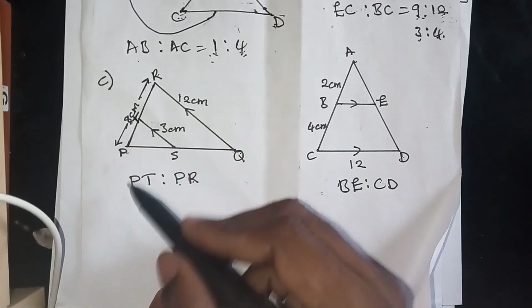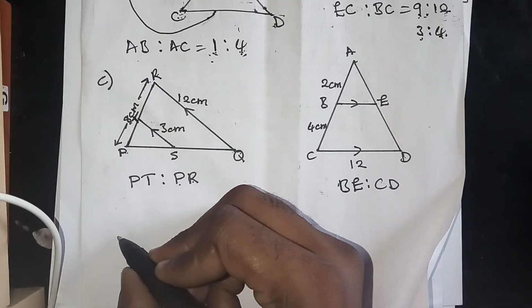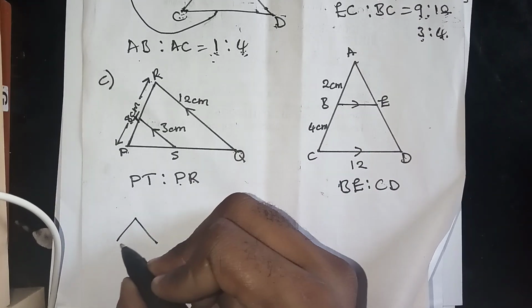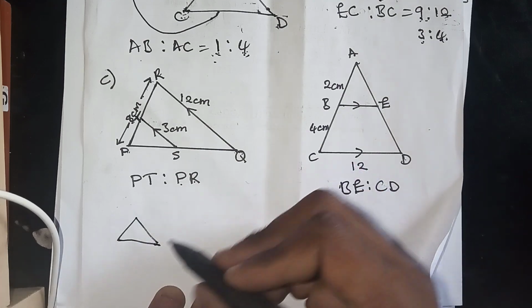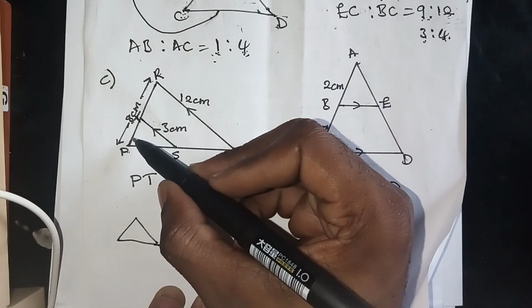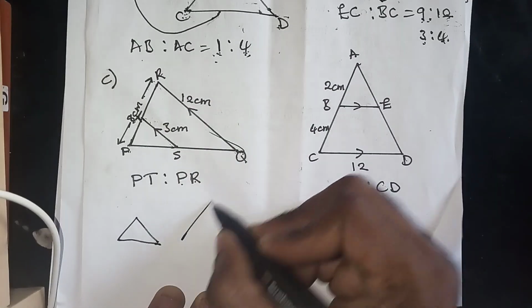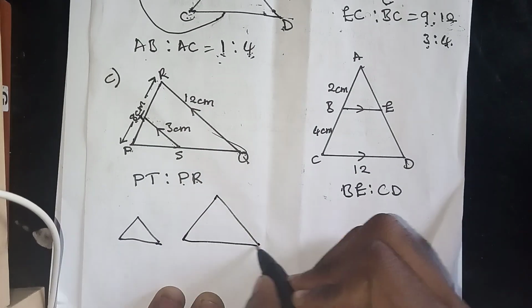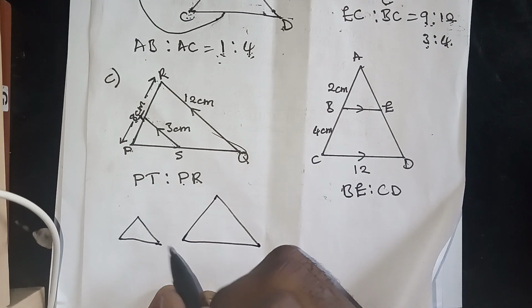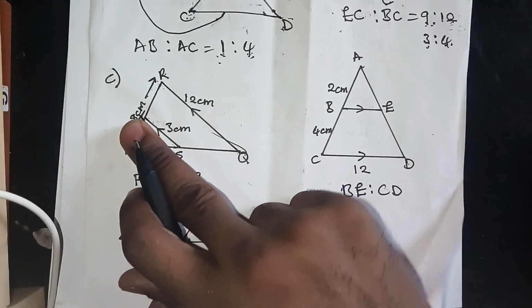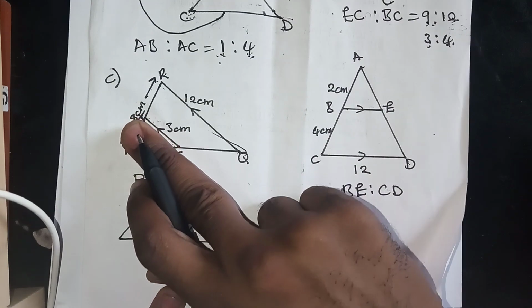So you can just separate these two triangles. It's much easier to see them in this manner. So the two similar triangles are this and this. Remember, they must both be triangles. A very common mistake is to remove this part and then remain with the trapezium like this.